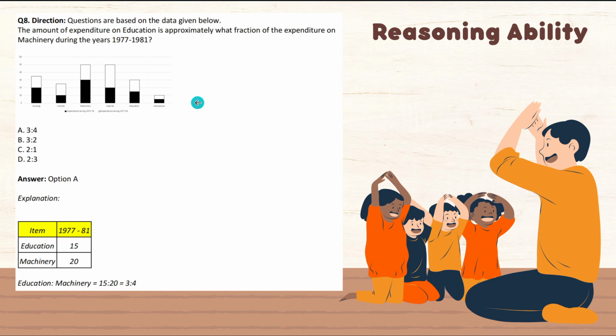So you might face another bar chart and questions. Prepare yourself to answer these types of questions. See the explanation: they ask to compare. Education to machinery is 15 to 20, that is 3 to 4, and option A is the correct answer.